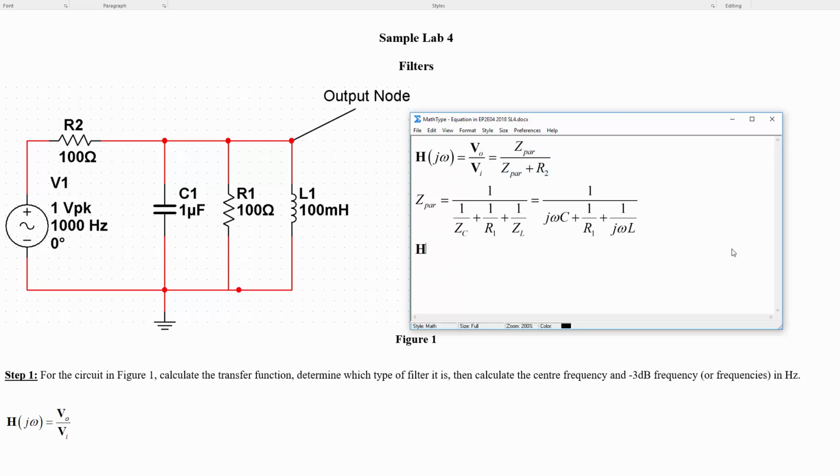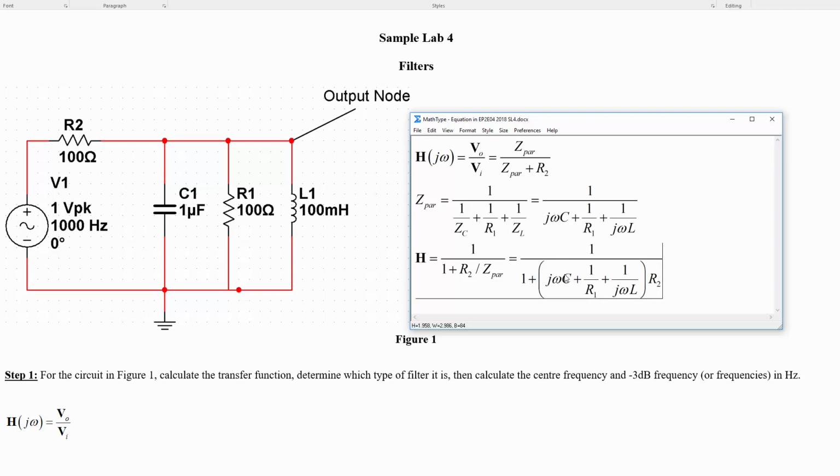H is equal to, before we do that, maybe it's going to be a little bit more clear to divide by Z parallel here so that we can just multiply by this instead of multiplying by the inverse of this in the numerator and denominator. So that means we'll have this term, and then we can clean that up a little bit.